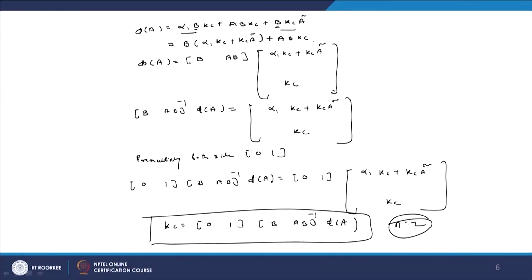Now, how will you write the controller design equation for any value of n?